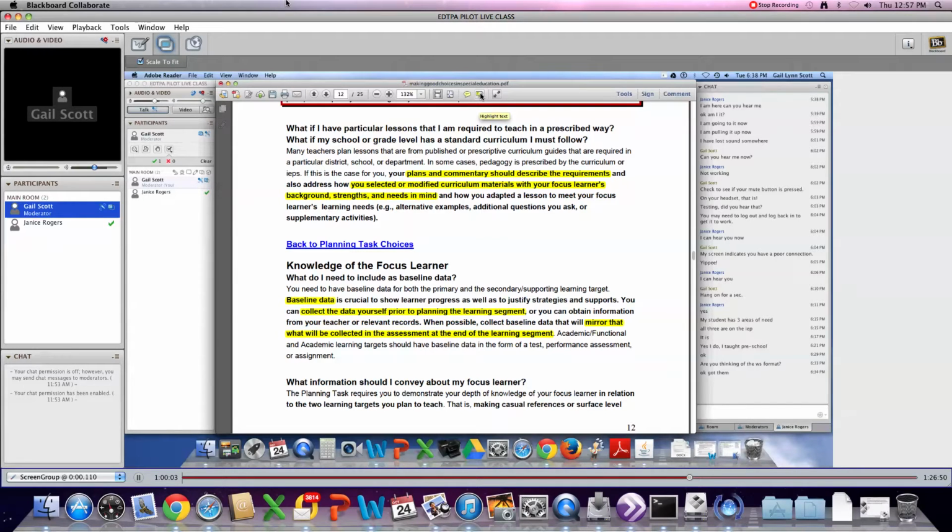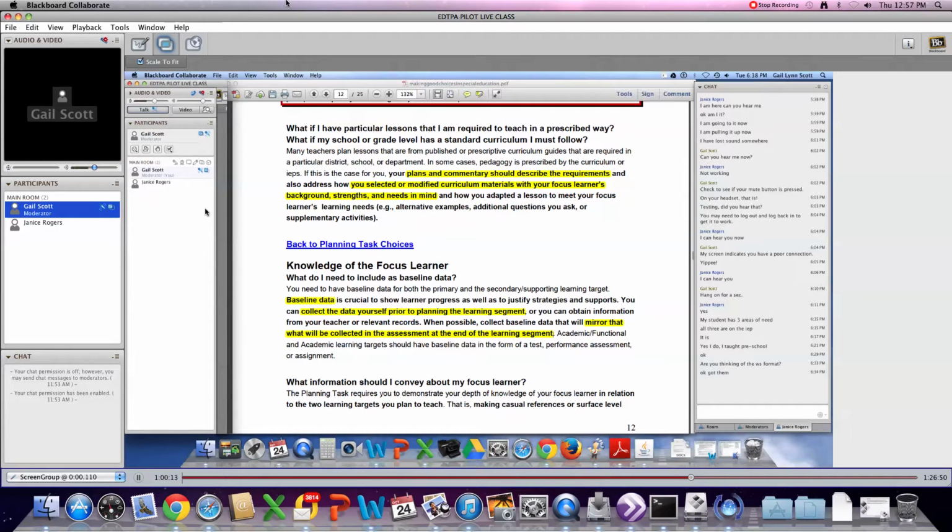But if they're both essays and you can count number of sentences or number of key ideas or number of supporting details, you have to be able to count something in the baseline data and be able to count the same things in the end assessment to show growth. Okay, that's the important part there.